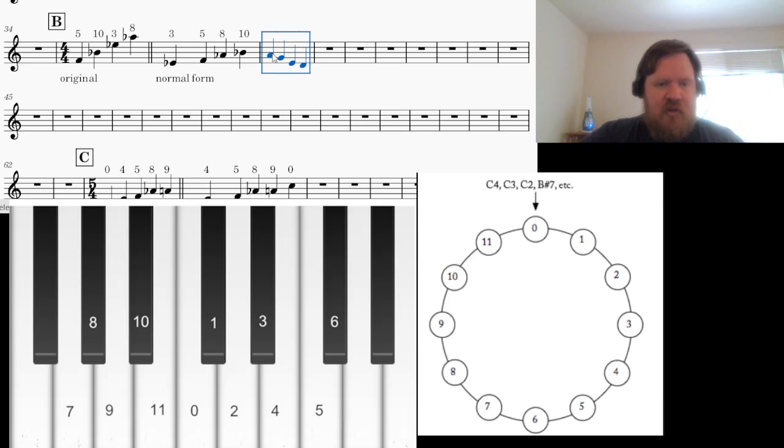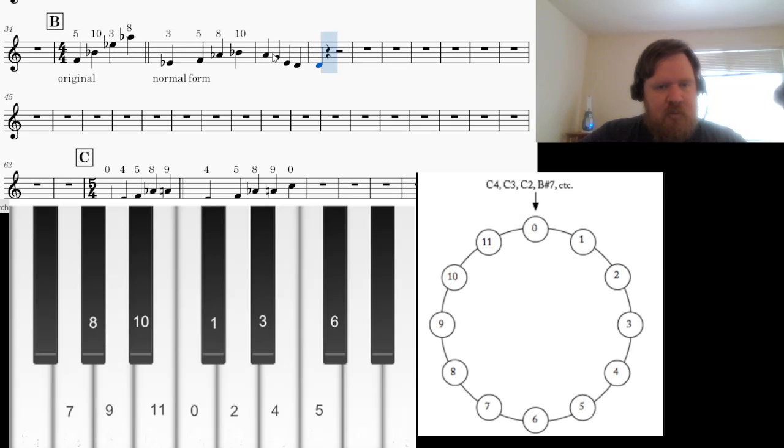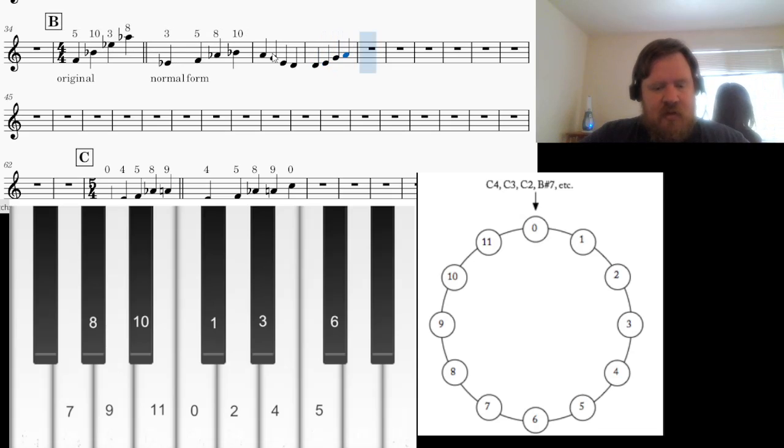This is just the beginning. We're just getting started, right? Because now we have to put this in normal form, right? So we're going to start out just by putting that in ascending order, like this. And then I am going to put the numbers in above because that just makes it a little bit easier.